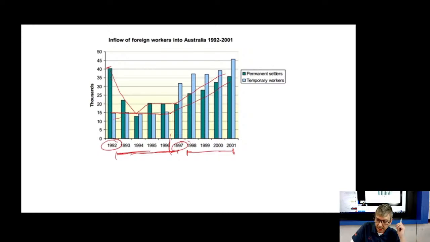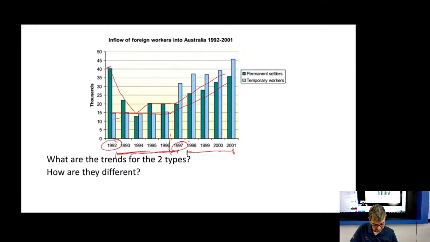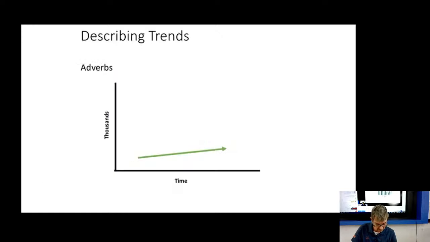Alright, as a reminder from the last time, words you can use for the rate of change.